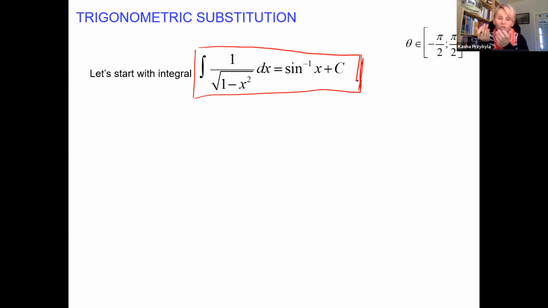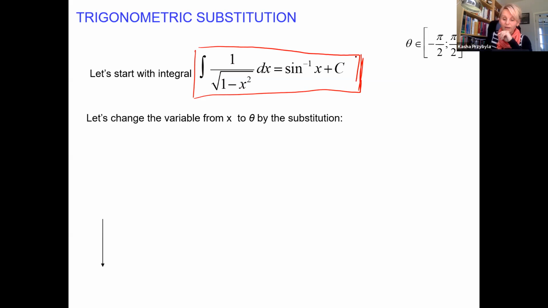Okay, that means we definitely know this, that the integral of 1 over the square root of the quantity 1 minus x squared dx is inverse sine. But since we know the answer, I would like to actually derive the whole answer.